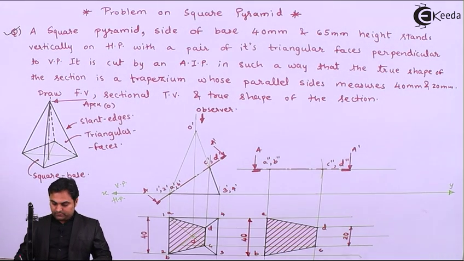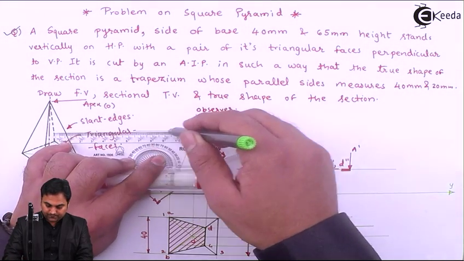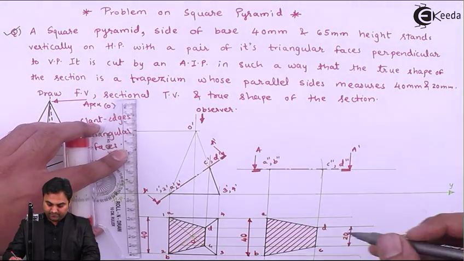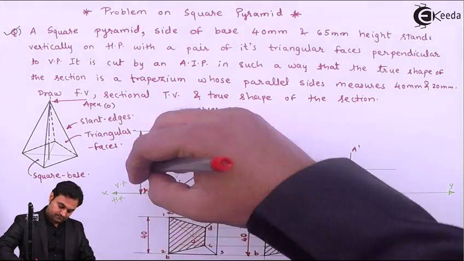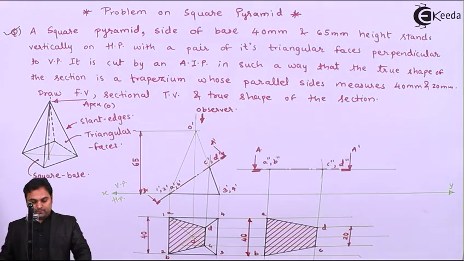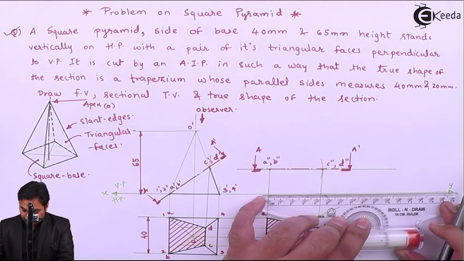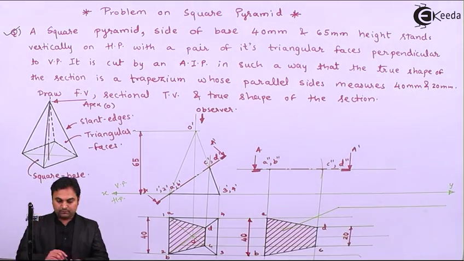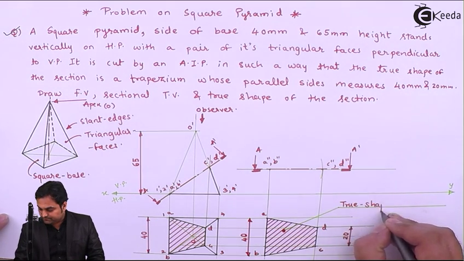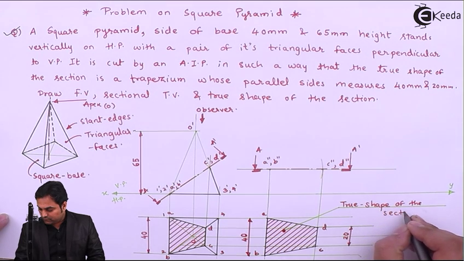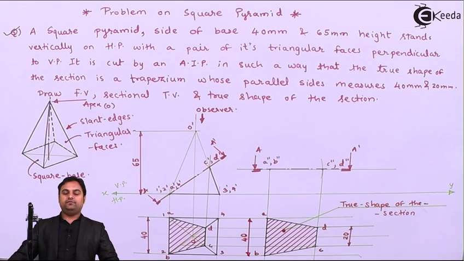Then the height of this pyramid 65 mm. This is the true shape of the section, and with this we complete the problem.